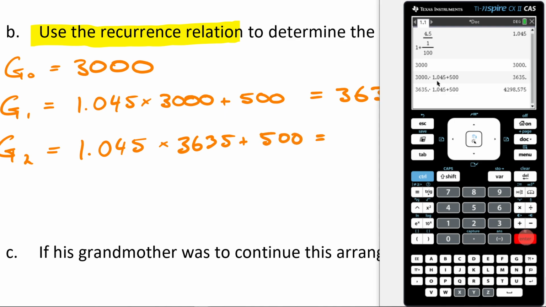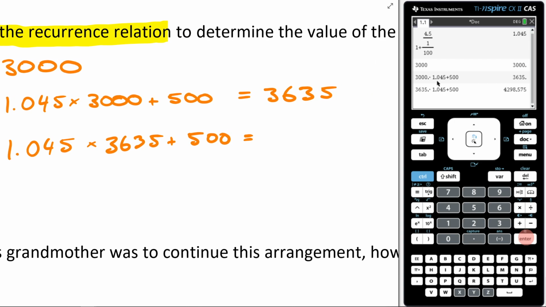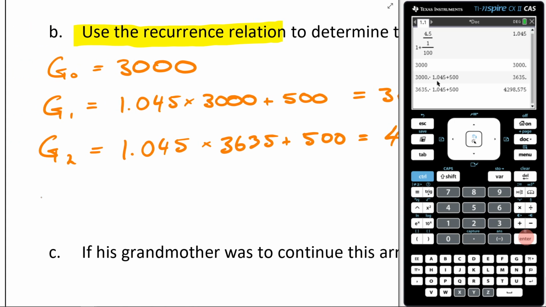And now I hit enter again, and it's going to give me my next value. So it's going to be 4298 point, now I'm not going to round, I'm going to leave it as 575. Then I need to figure out G3. So I'm going to go 1.045 times by 4298.575 plus 500.